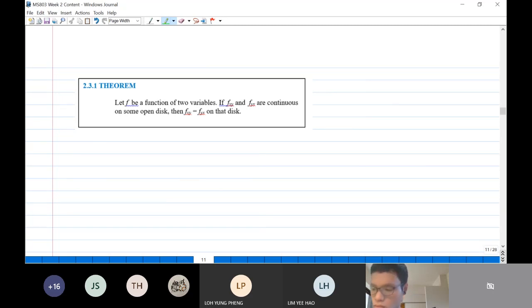Most of the time you get a nice differentiable function, so you expect fxy, fyx to be the same. Usually you don't need to worry about this result, just apply it because you don't usually encounter very difficult functions. But you need to check whether the function is differentiable or continuous or not.